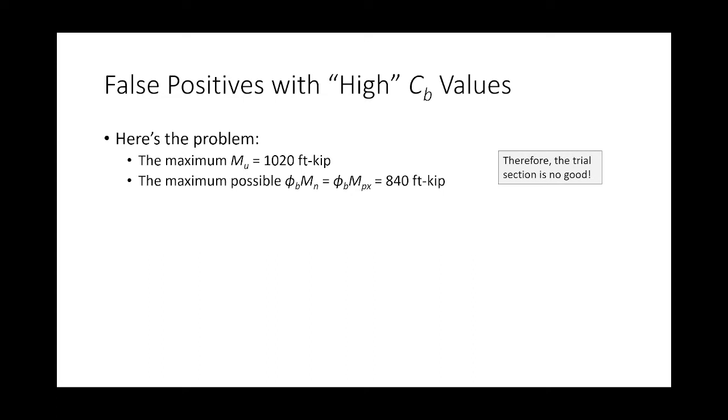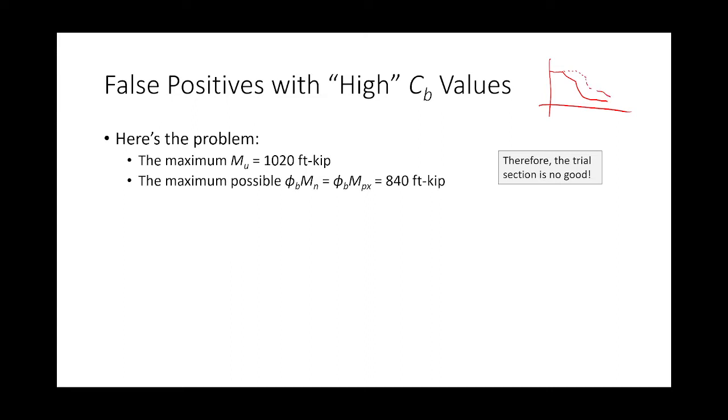If you remember the way the LTB curve works, we have this sort of shaped curve, right? And then we have the effect of what happens when you employ CB.